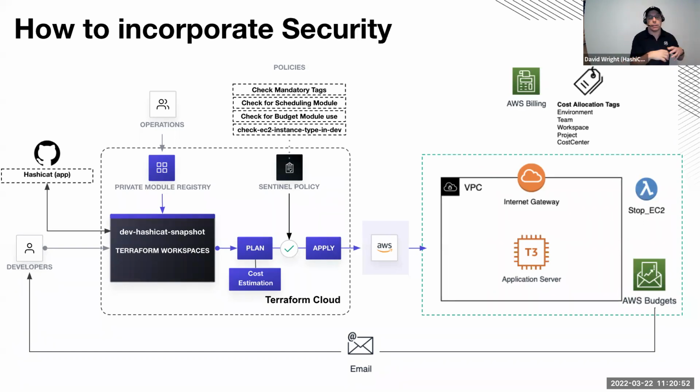So if the developer didn't meet CIS at the very first attempt to stand it up, they couldn't push the environment into the dev environment, and so it forced them to write better code. And I thought that was a really interesting use case around using security to actually educate and improve.